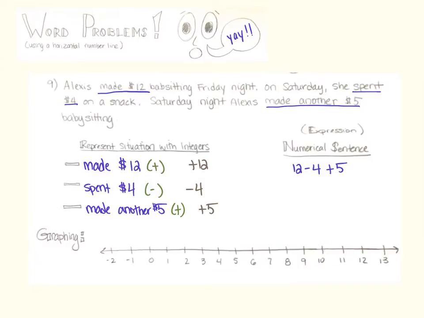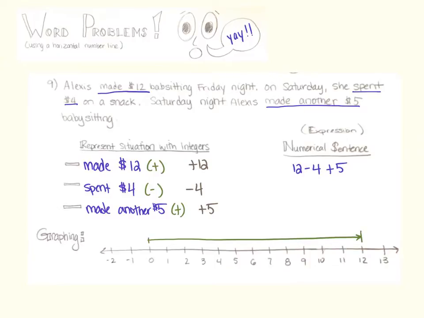Alright, let's go ahead and graph it. We're always going to start with 0. We're going to show our first number going up to 12, with that arrow moving to the right because it was addition.